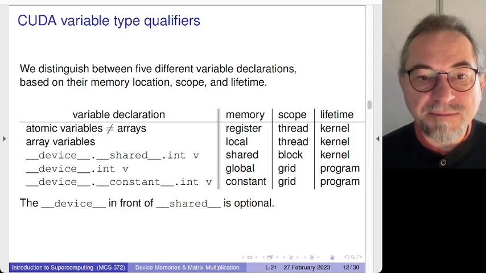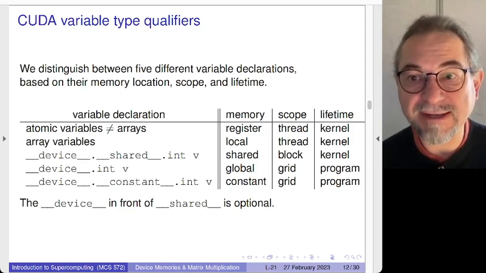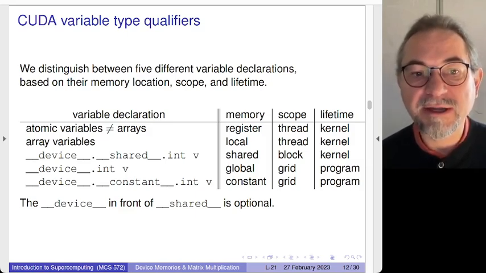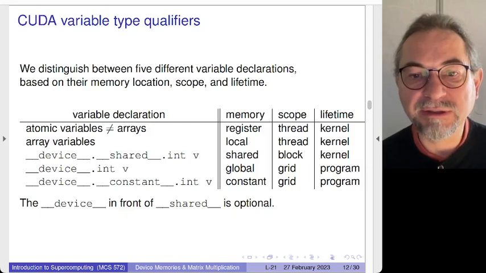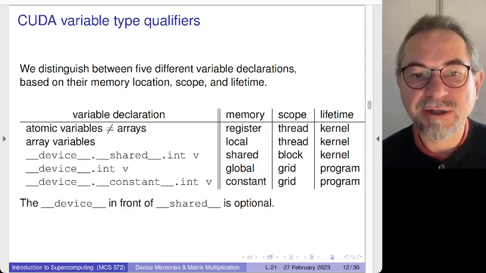As a programmer, you have these keywords. If you don't specify any keyword, then it may end up in the global memory. If you want something in shared memory, you have to explicitly use the shared keyword.